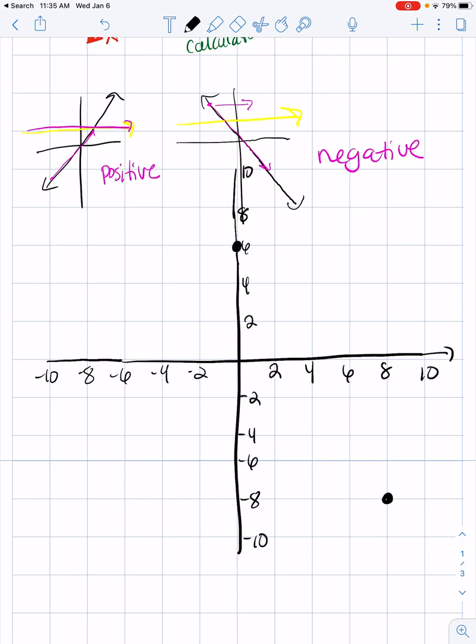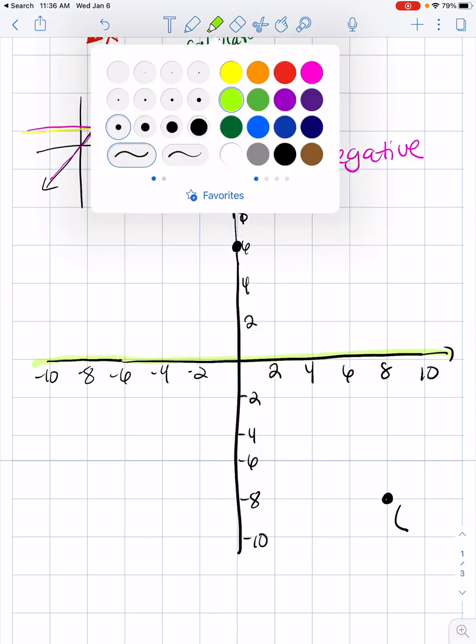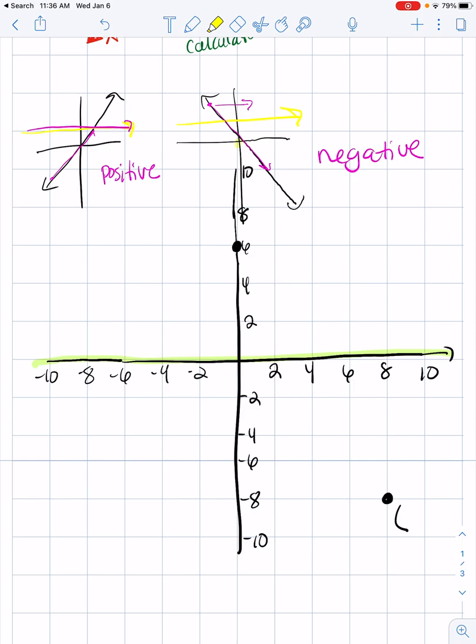All right, so the first thing that we can do is identify what our X and Y values are. For this point down here, if we look at our X-axis, I'm going to highlight the X-axis in green. So this is our X-axis, and I'm going to highlight the Y-axis in yellow, and this is our Y-axis.